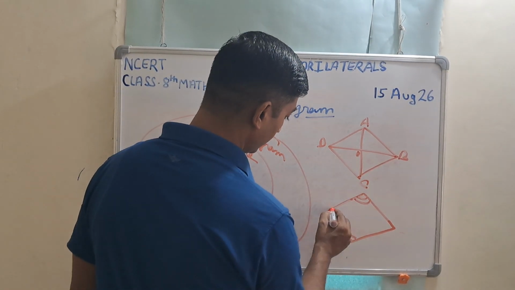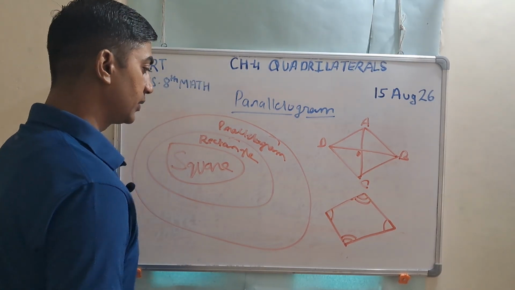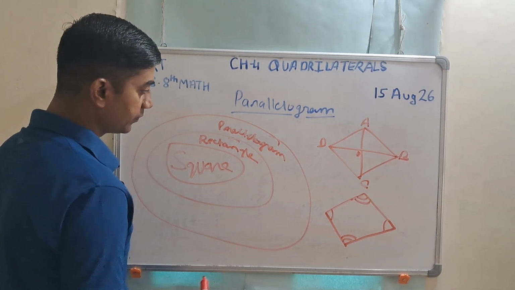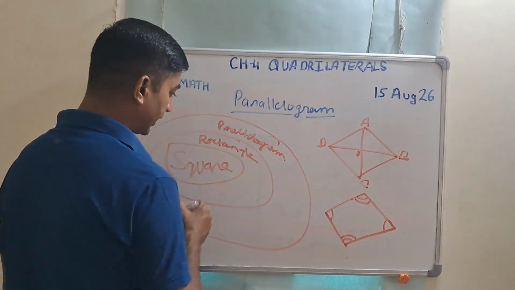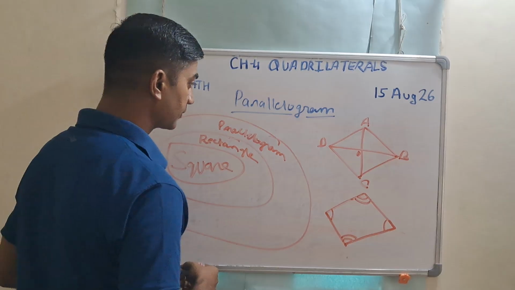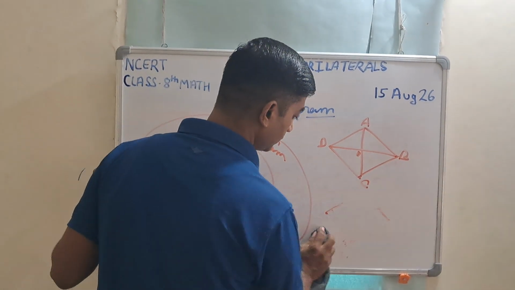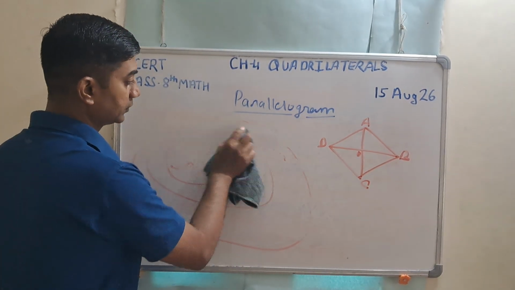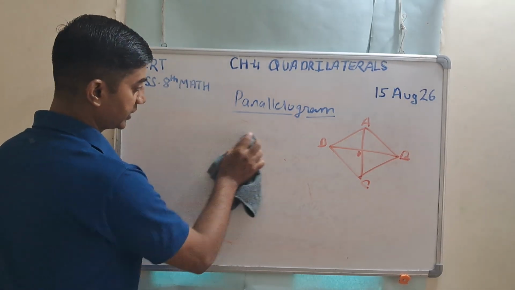Opposite angles are equal, but they are not equal to 90 degrees. That is why all parallelograms are not rectangles. This is also what we studied in the previous class, and I was just trying a revision of the previous class.